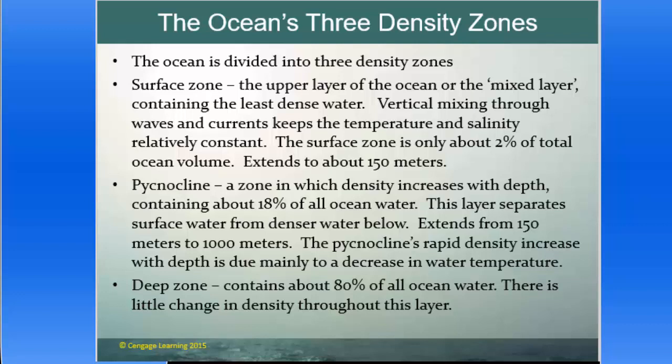The general cause of the increase in density is certainly slight salinity differences, but mainly, through the deep layer, it's the difference in temperatures, with the warmest temperatures at the top of the ocean in the surface zone having the least dense water, and the coldest temperatures in the deep zone having the most dense water.